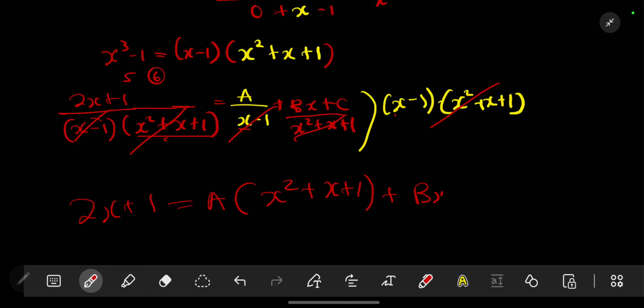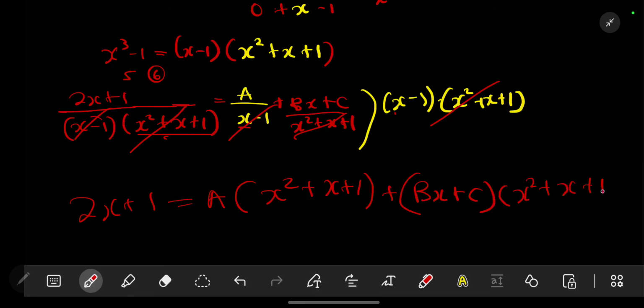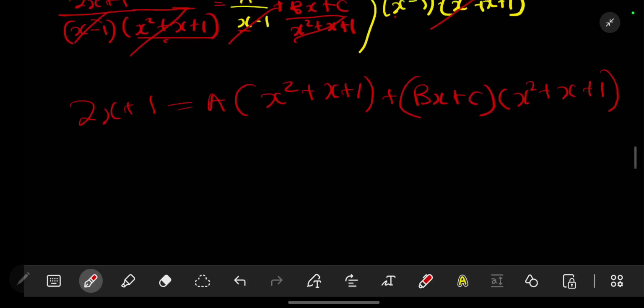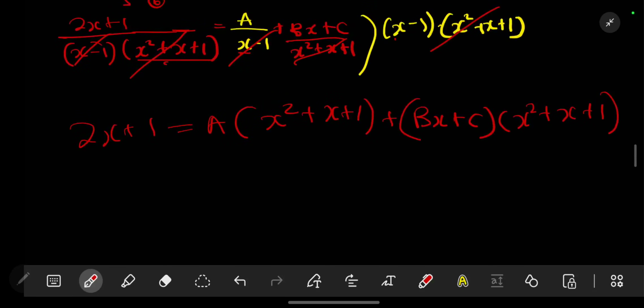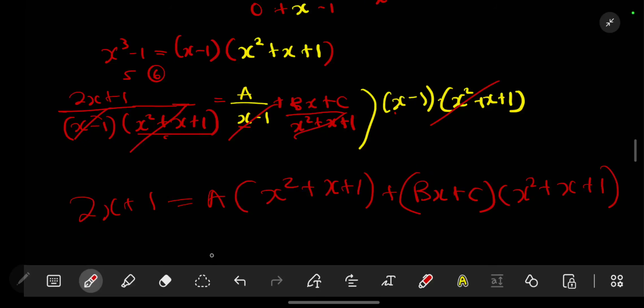Then we have plus our bx plus our c, then multiplied by our x squared plus our x plus our 1. So this is what we have. This one has been cancelled here. So this and this have been cancelled. So we are remaining with this. So we were supposed to write this. So we say our x minus 1 like that.